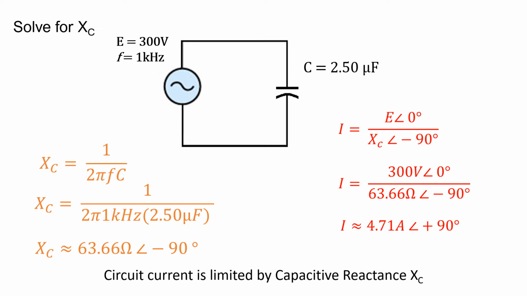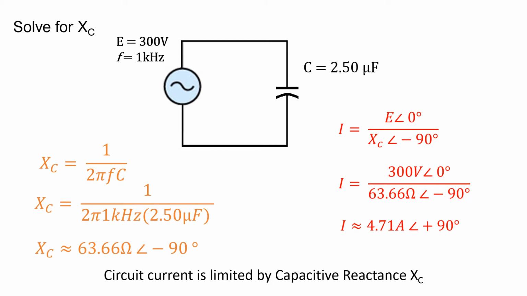When we calculate out our current, we end up with 4.71 amps at plus 90 degrees. So we've looked at capacitive reactance, where the capacitor reacts to a changing voltage, which impacts our current.